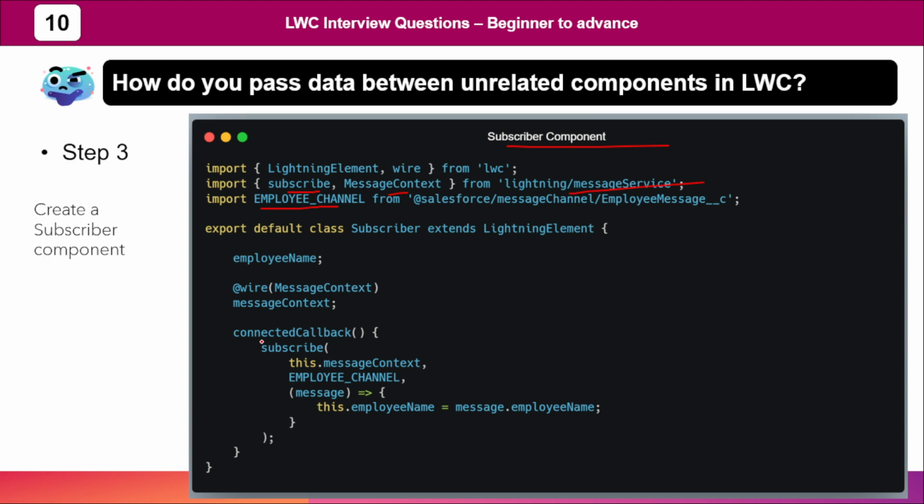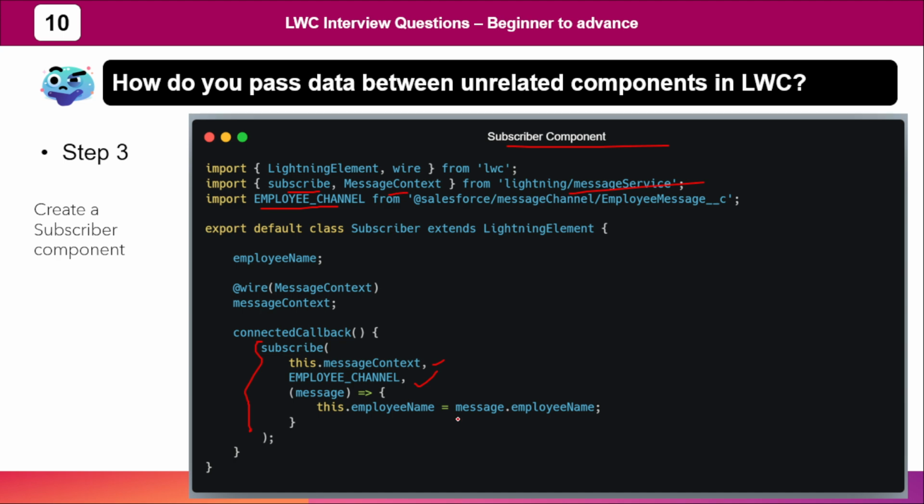And we need to write this in the connectedCallback. We have seen this in the connectedCallback question as well, that we need to subscribe to it. LMS we can subscribe to in the connectedCallback. So here we have to write this.messageContext, employee channel, and the message which is there on the message channel which is published by the publisher component.